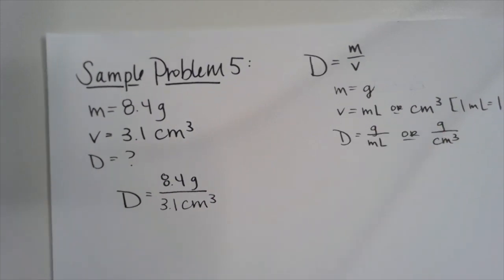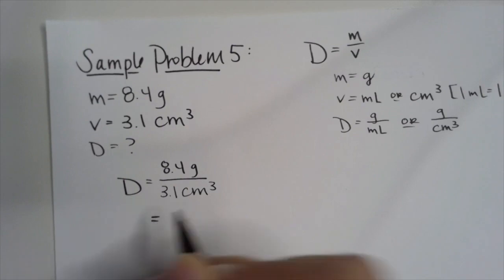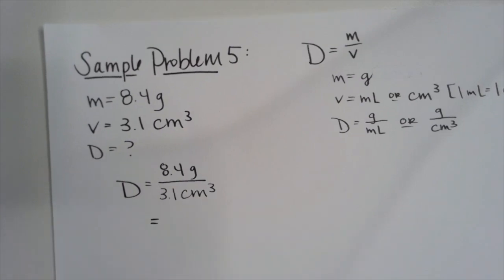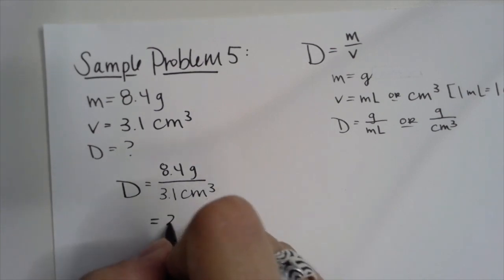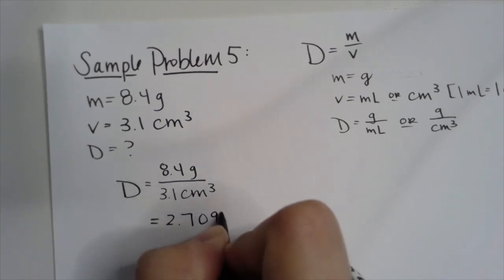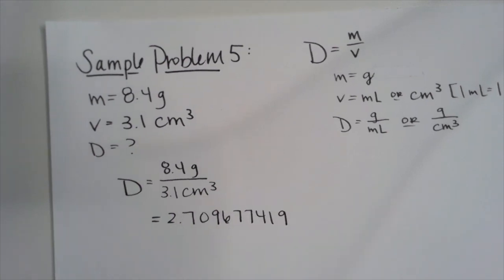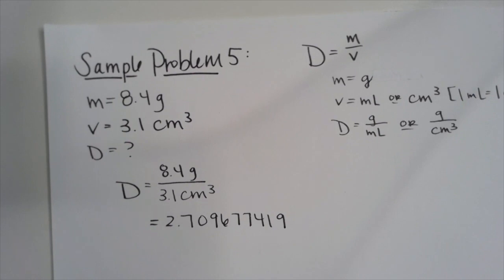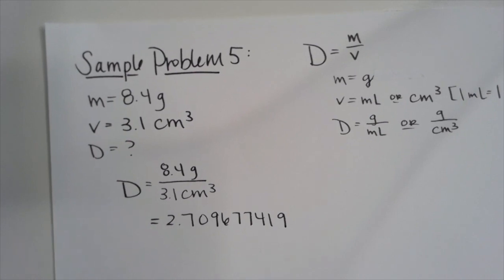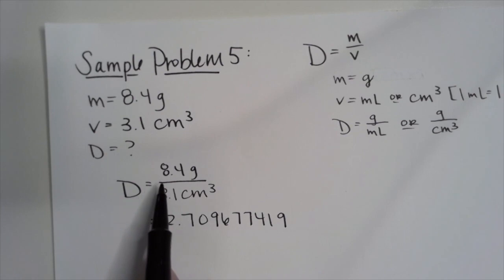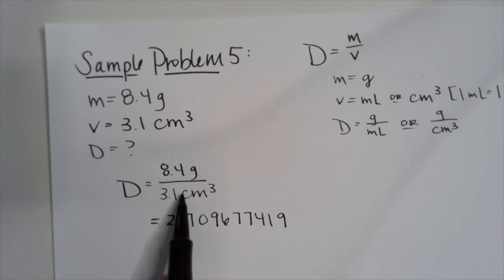And when you solve that, you should get this crazy answer, 2.709677419. Holy moly, you do not have to write that whole entire thing out. We do want to use our significant figures. So this top number has 2 significant figures because it's a measurement. This bottom number also has 2 significant figures.